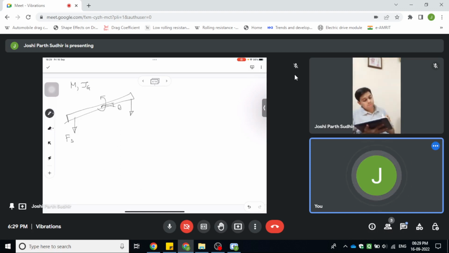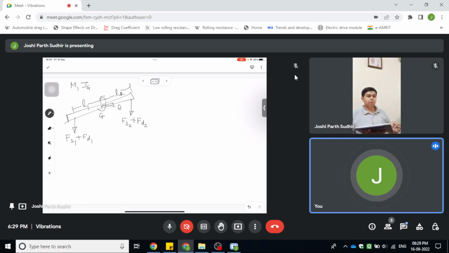So we have this force as Fs1 plus Fd1 combined together, and this is Fs2 plus Fd2 combined together, acting at the distance of L1 from the center of mass, and this force is at L2. So let us call the center of mass as G.